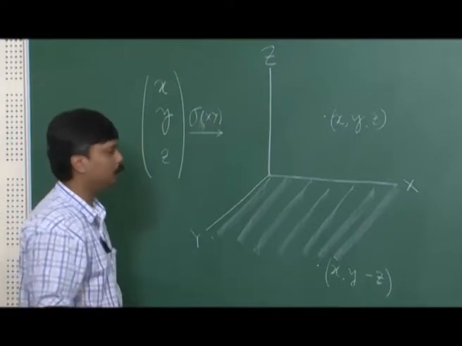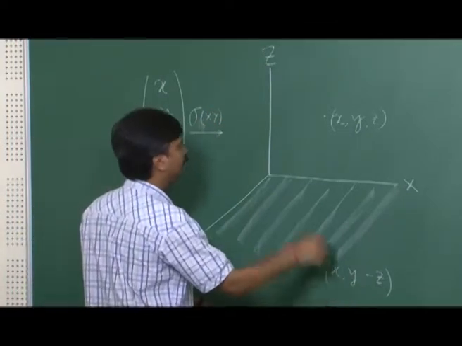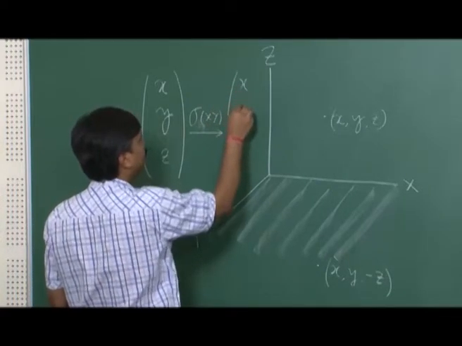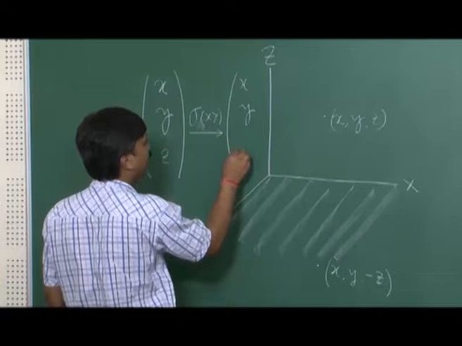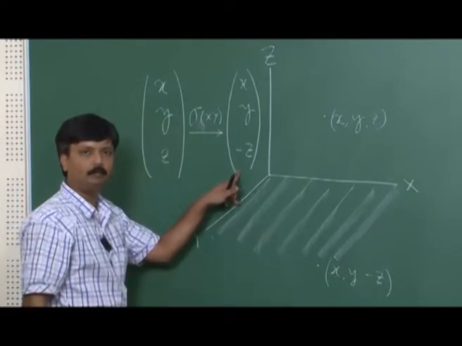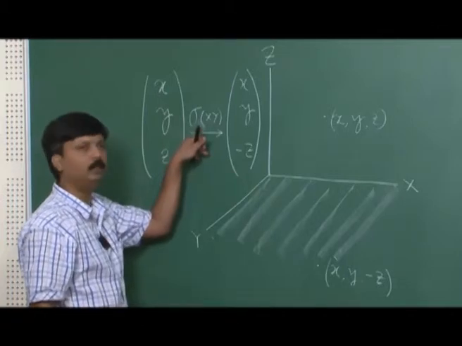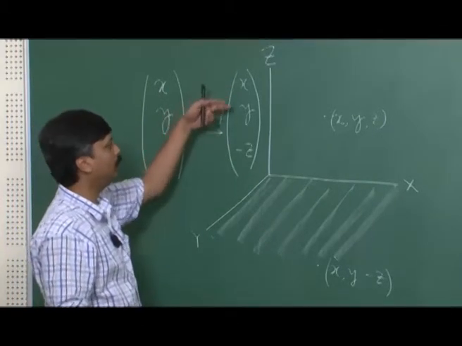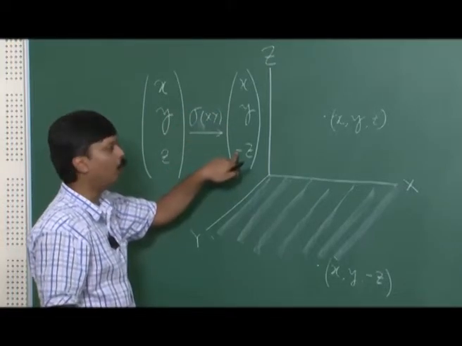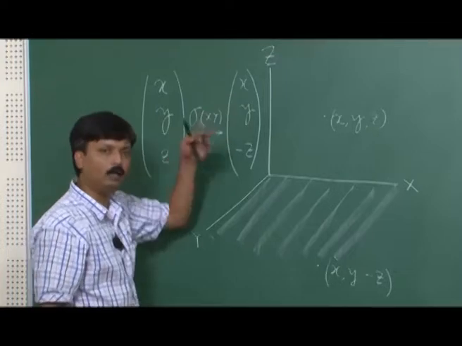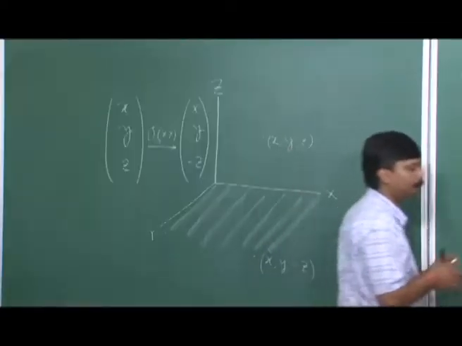If I operate on this one, what's happening, x and y remain the same and z is becoming negative. So you have x, y and minus z. Okay. So this is my final column vector after I operate sigma xy on this column vector. Okay. And it's only the sign which is changing for one of the elements of this column vector, and the rest of them are remaining completely unchanged.